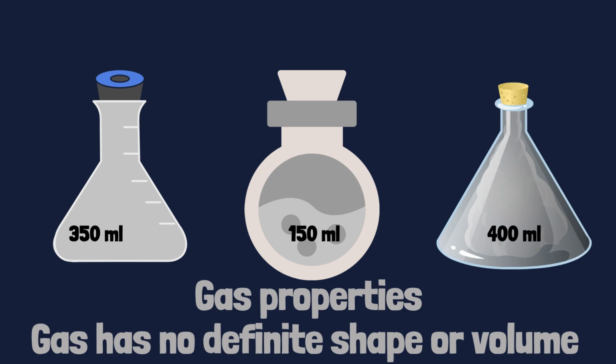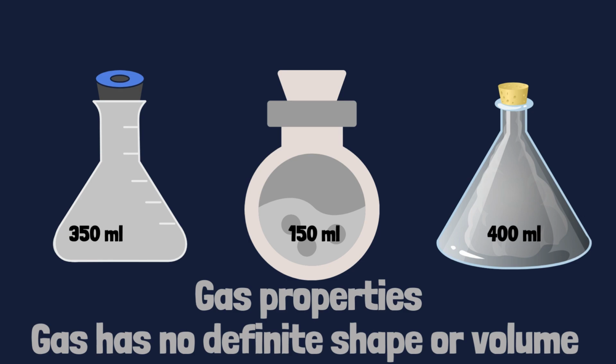If the container is big, it will spread in all this space, and if the container is small, the volume is small, so it will take this space. So it can fill any container. Here we can say that the gas has no definite shape and no definite volume. So gas has no definite shape or volume.